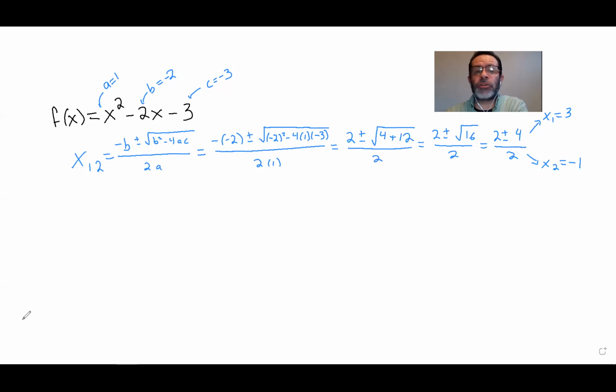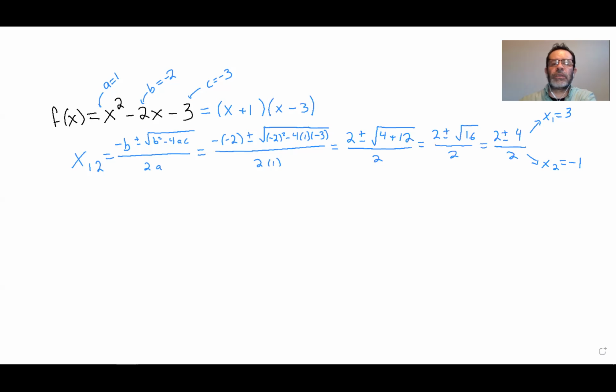By the way, we could have also found those by factoring. So if we factor that polynomial, this would be equal to having x plus 1 and x minus 3. And that way we also get the x1 and x2, which are the ones we found using the general formula.